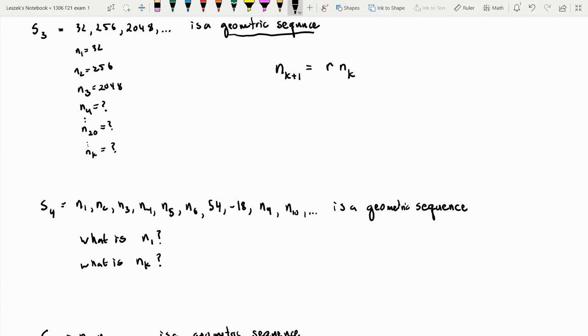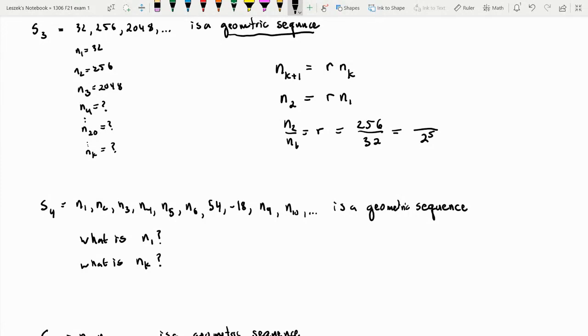Okay. So you can take any two terms. For example, I know that n2 should be the common ratio times n1. So with any two consecutive terms, you can always get the common ratio by dividing one term by the preceding term. So n2 is 256 and n1 is 32. I believe these are both powers of 2.